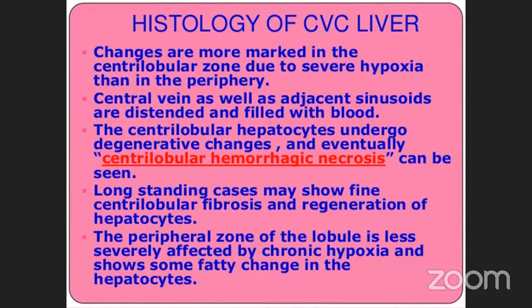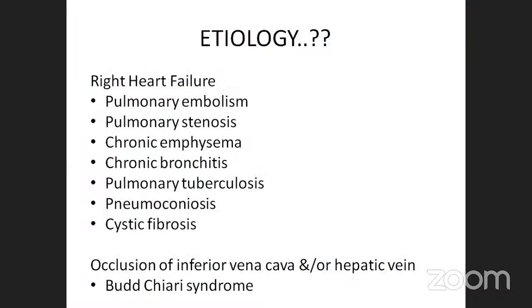Healing occurs by centrilobular fibrosis and regeneration of some of the hepatocytes. The peripheral zone of the lobule is less severely affected by chronic hypoxia and shows some fatty change in the hepatocytes. So this is the histology of chronic venous congestion of the liver.